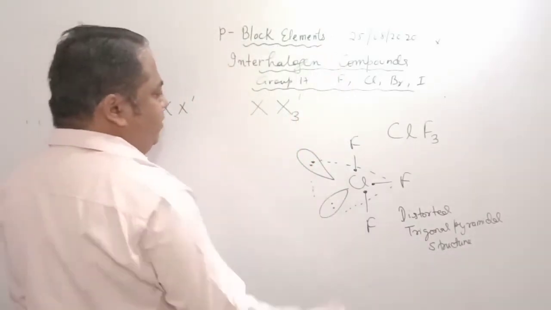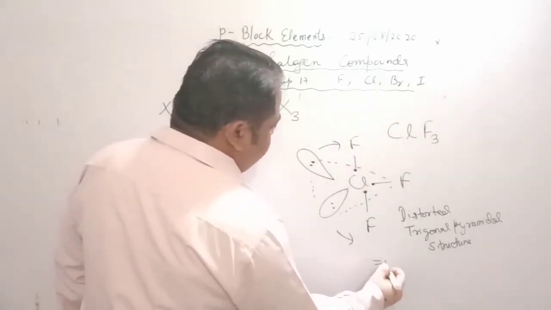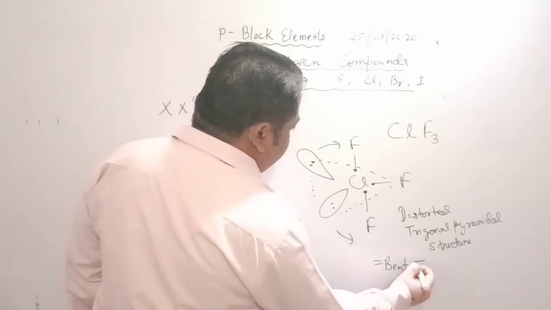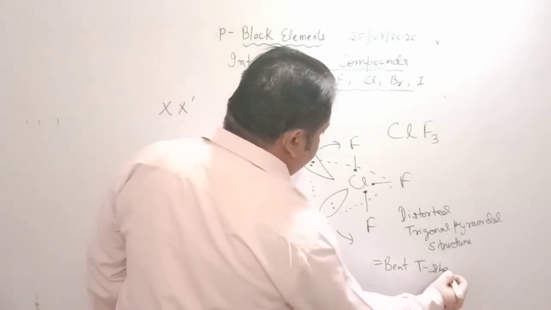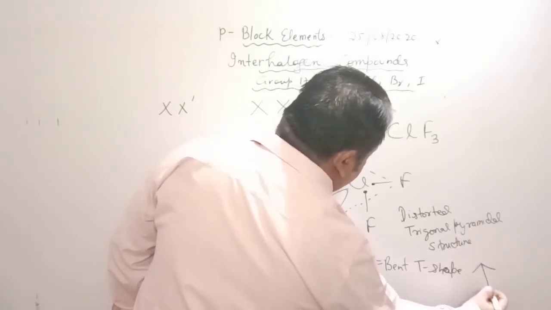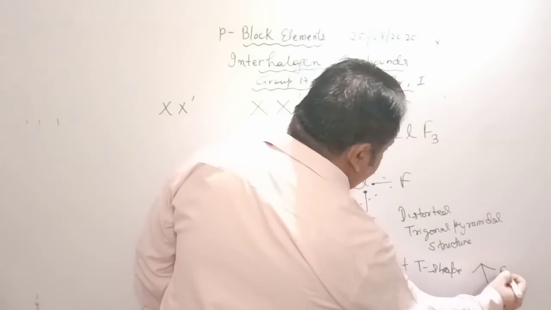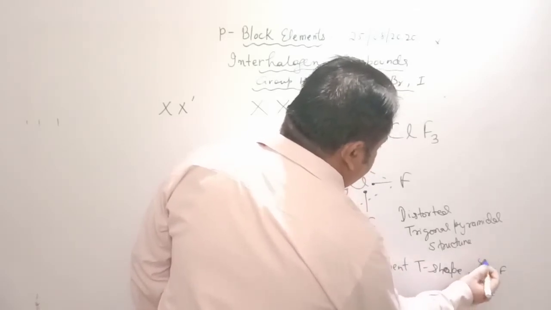But its shape will be bent T shape. Bent T shape. Like this: F, F, F and Cl here.